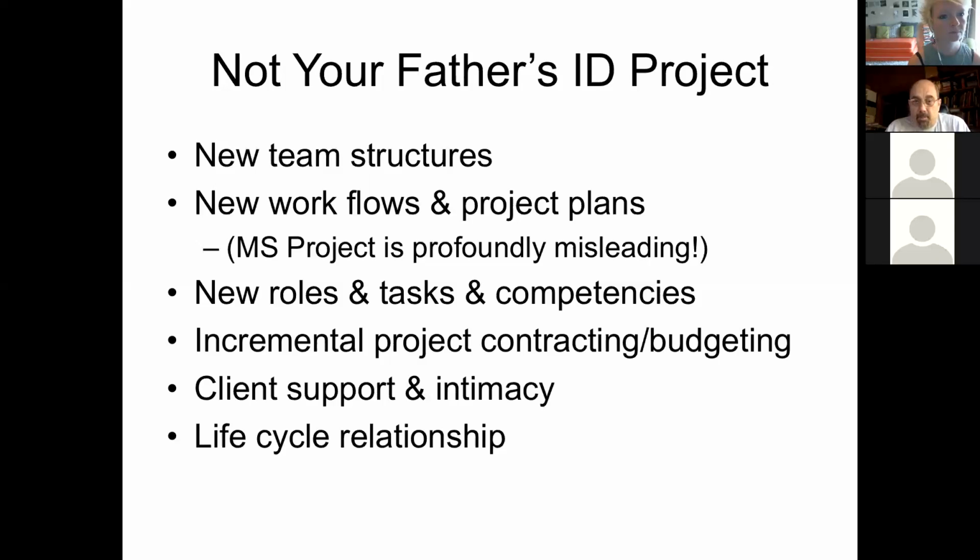And that's the next point. The intimate relationship with the client is absolutely critical. Another point is this is a life cycle relationship. This is not something where you build the project, deliver it, and it's done. You are involved with the project and the project matures over time.